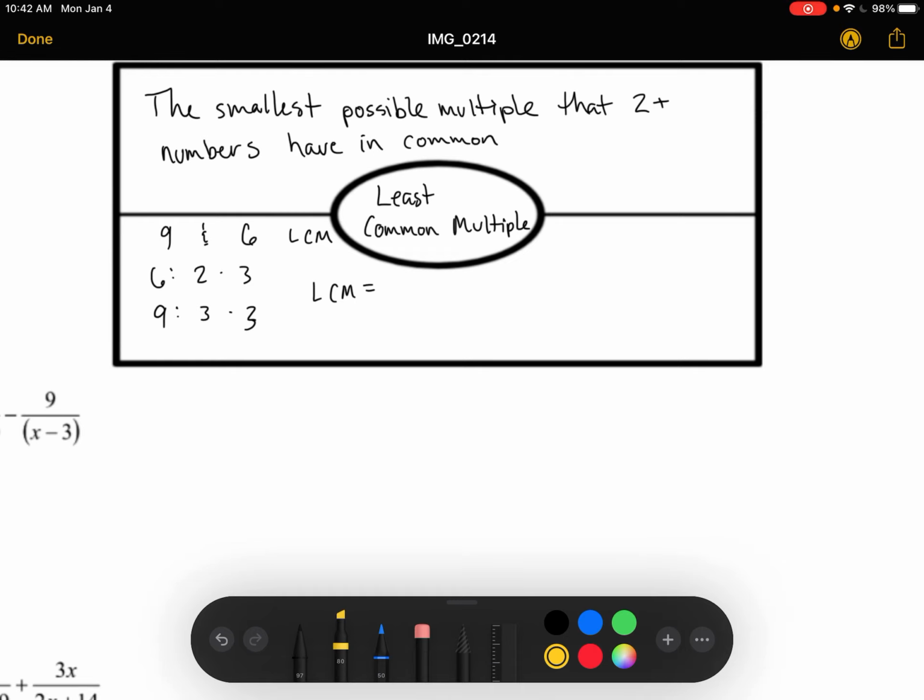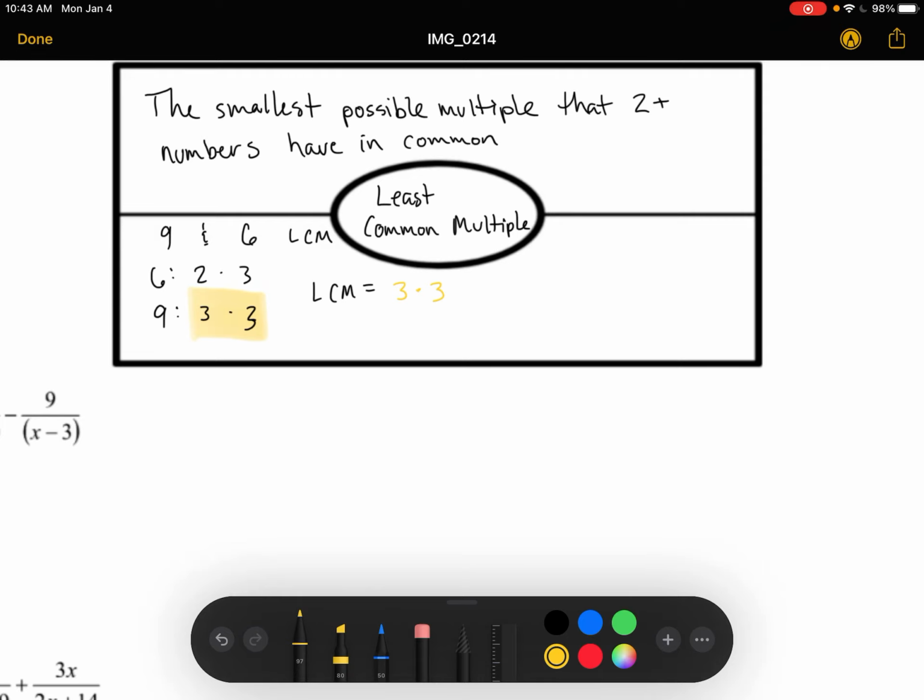So for example, we take 9, which has 2 3s, and we write each of those 3s out. And then we look at 6, and we're trying to see, when we get to this number 6, does it have anything to add? Is there anything that's different from the 9? Well, if we take a look, it has 3, so we don't need to duplicate that. We don't need to add it again.